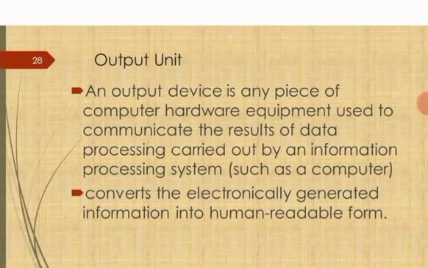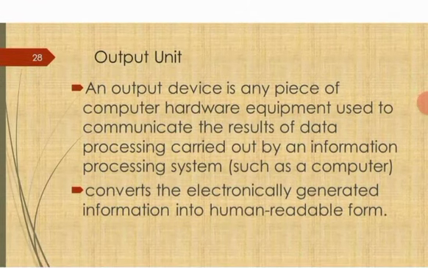An output device is any piece of hardware equipment used to communicate the results of data processing carried out by an information processing system such as a computer. It converts the electronically generated information into human readable form, into the form that a human understands.